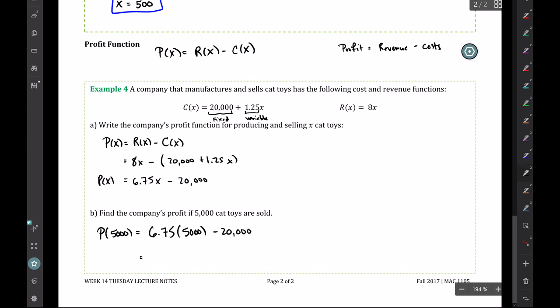And that will give you $13,750. Okay, so our profit of selling 5,000 cat toys is, like I said, $13,750.